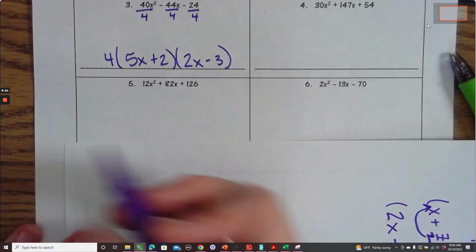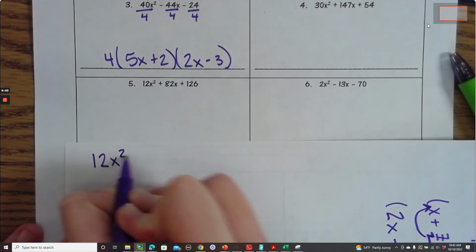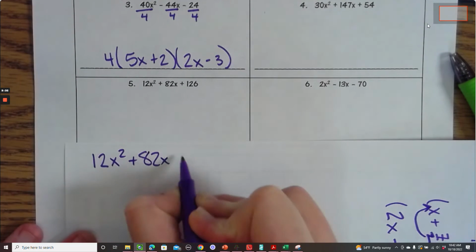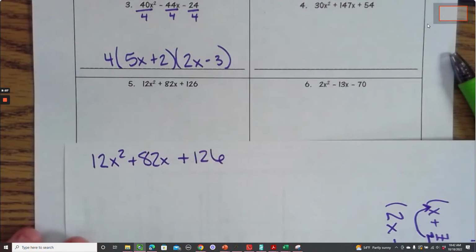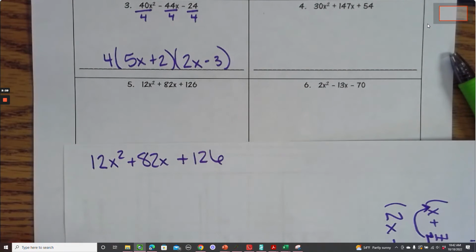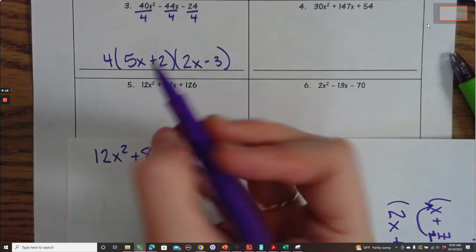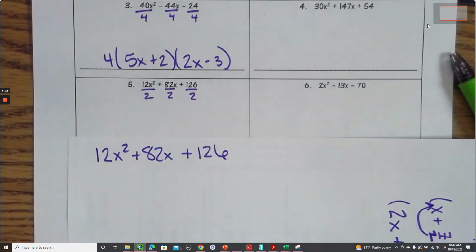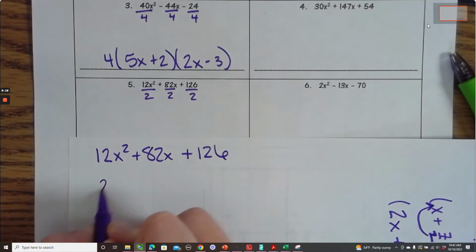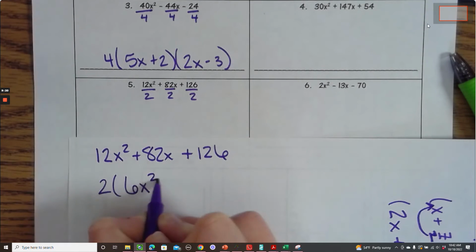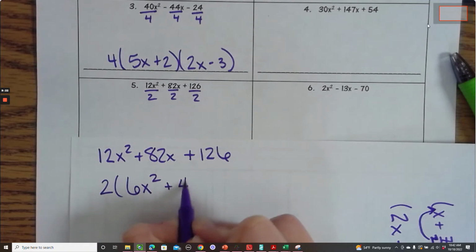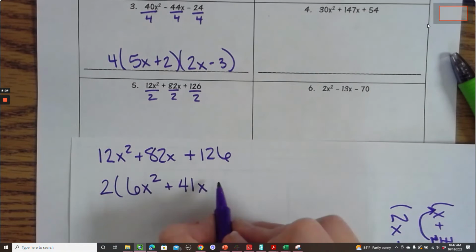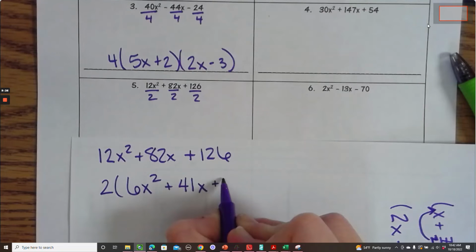All right, number 5. 12x squared plus 82x plus 126. What can I factor out? 12? If they're all even, always start with a 2. So we've got 6x squared, and then 41x, and then 62?